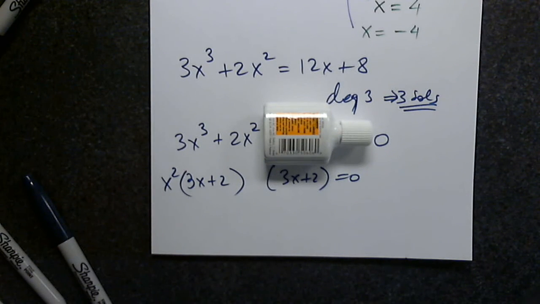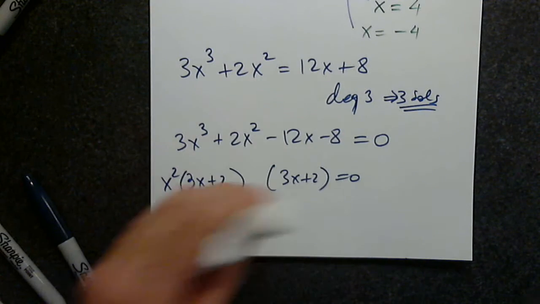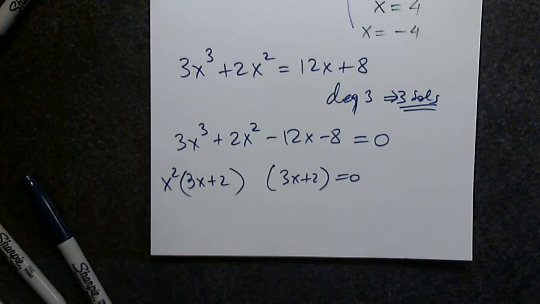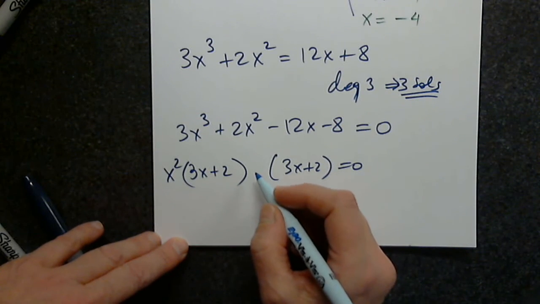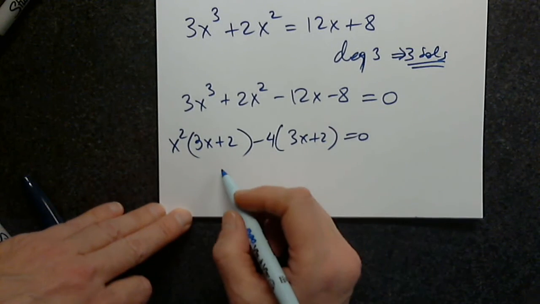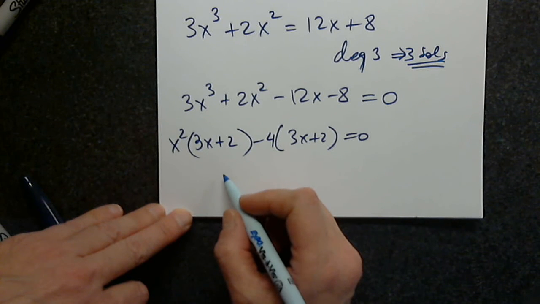I'm just making a point. You don't really have to do this, but in case you have any doubts, I highly recommend using this, and you will not make a mistake. Excellent. So then the common factor is?